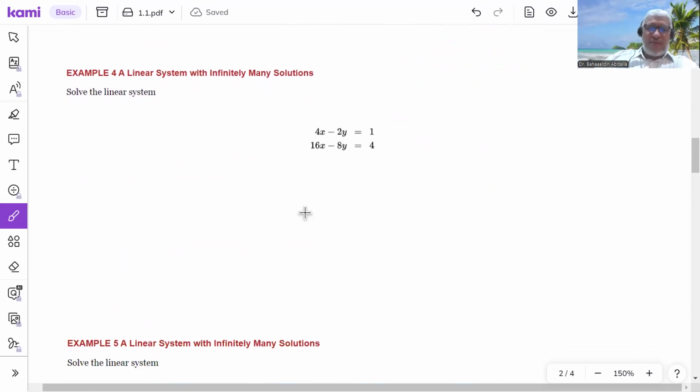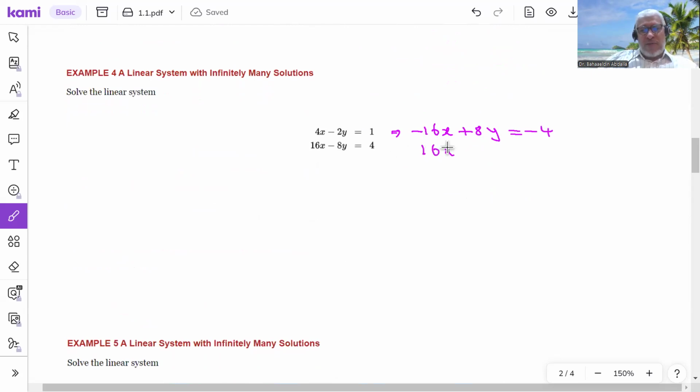While in this case, to eliminate one of the variables, I have 4 and 16, so I'll multiply the first equation by -4. So negative 16x, -4 times -2 is positive 8y, and -4.